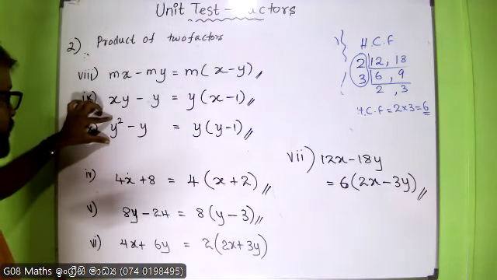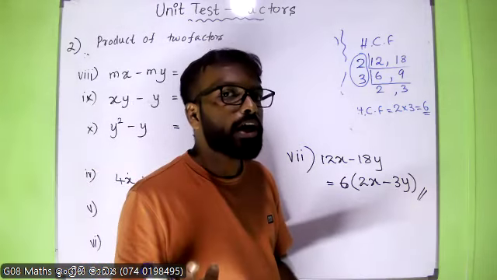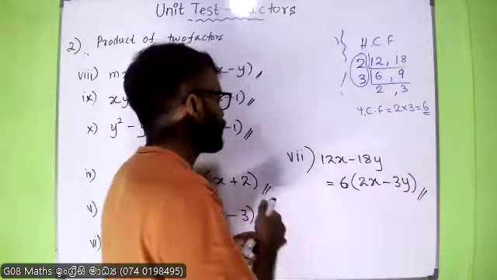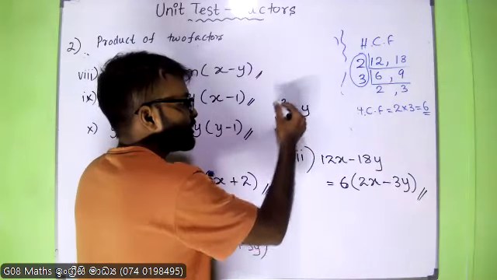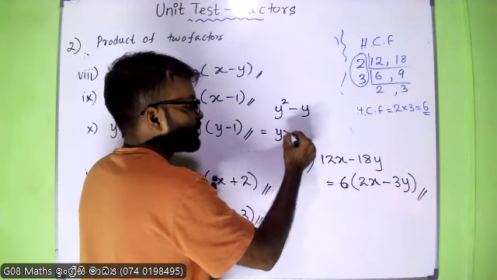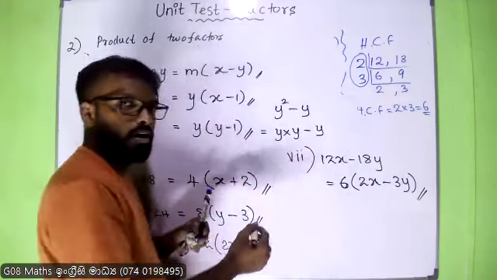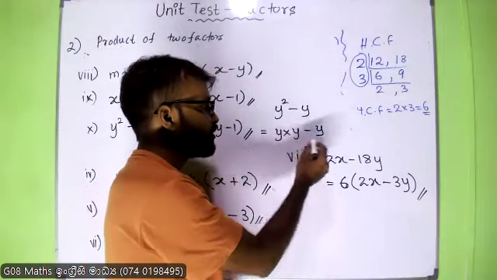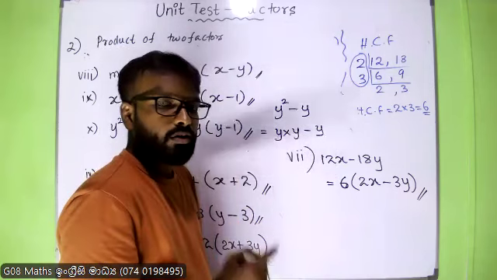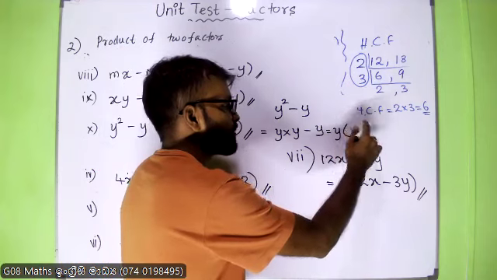So here y squared minus y we can write as y into y minus y. Where you have y, y is a common term, so you take it out.